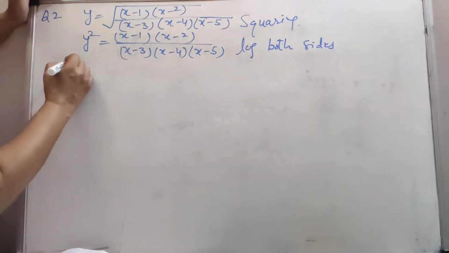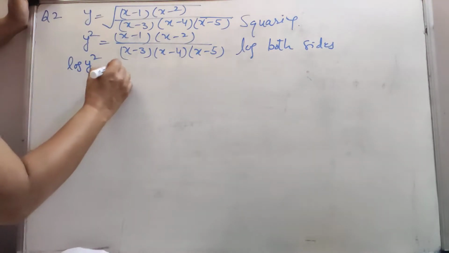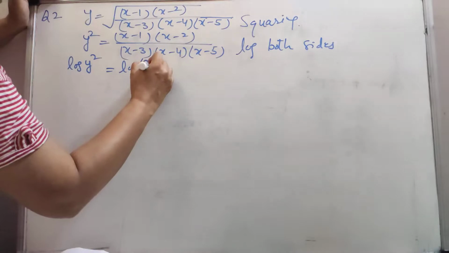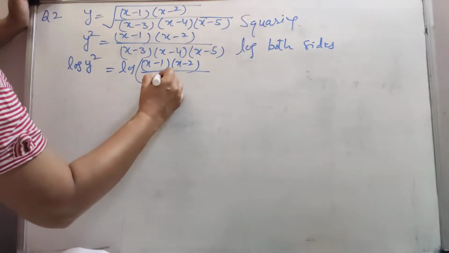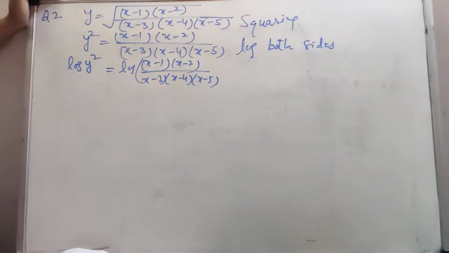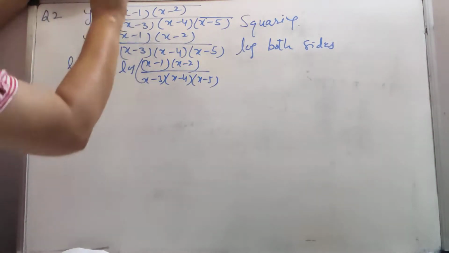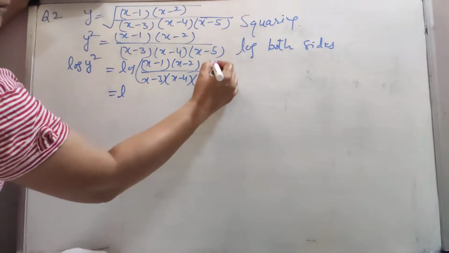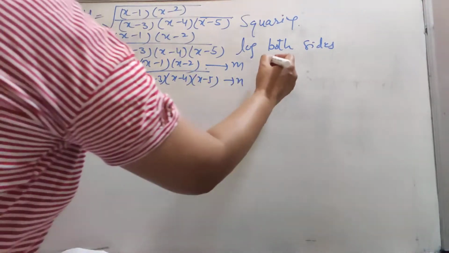So this will become logarithm of y square is equal to log of the whole term, x minus 1, x minus 2 over x minus 3, x minus 4 and x minus 5. See what happened? On the right portion, the rule first applies. This term is your m, this is n. So what does the rule say?